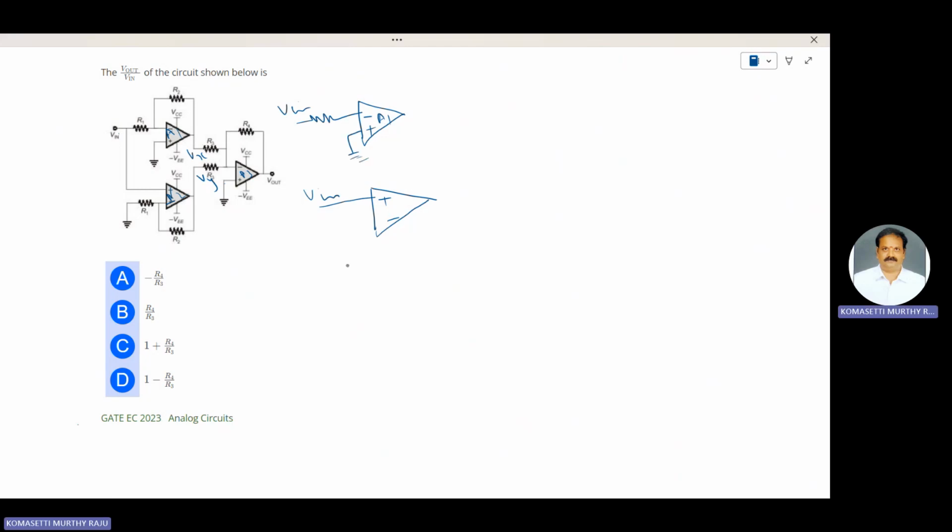This one is connected to ground. This one is R1, this one is R2, this one is R2.